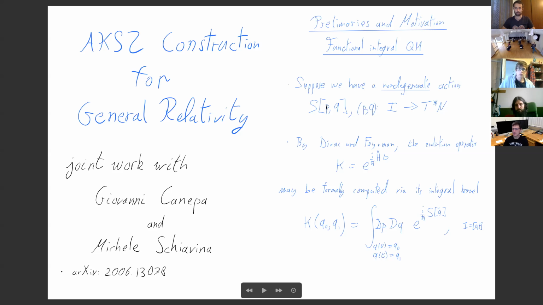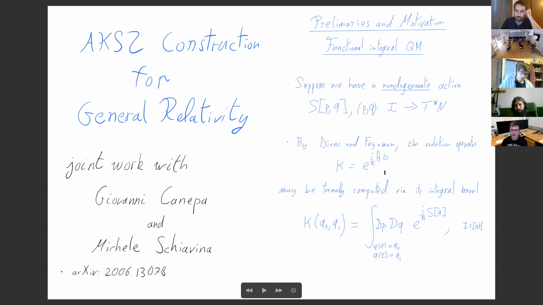And the action is some local functional, typically p dq minus h dt integrated over the interval I. Now in quantum mechanics, what you're interested in is the evolution operator, that is the exponential of some quantization of the Hamiltonian function times t. And this h hat is a quantization of the Hamiltonian function h that appears inside the action functional.